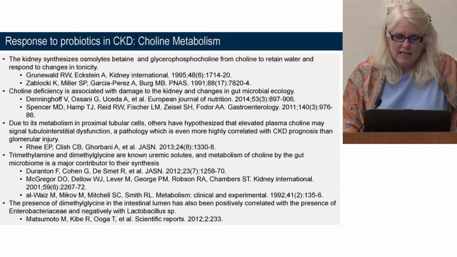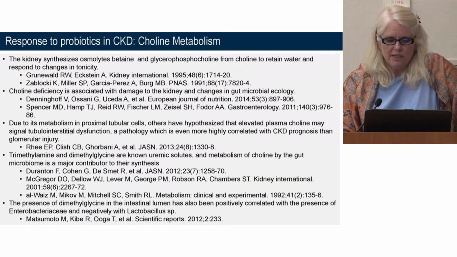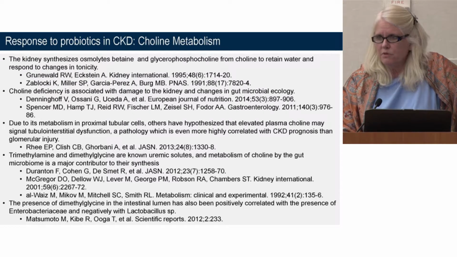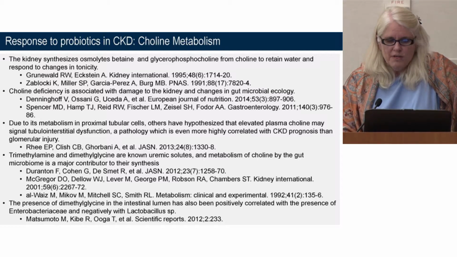And this again came back to the choline pathway, where the metabolites in red, and many of the metabolites that we saw that were either increased or decreased in BUN, or some people say that changed in the low BUN versus the BUN that didn't change, are related to this choline metabolism.